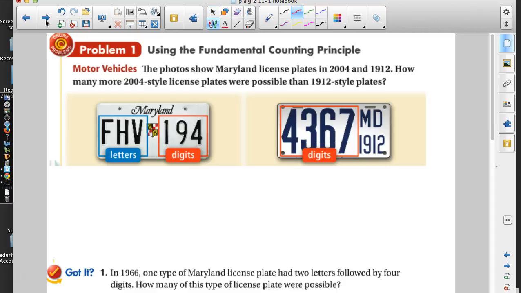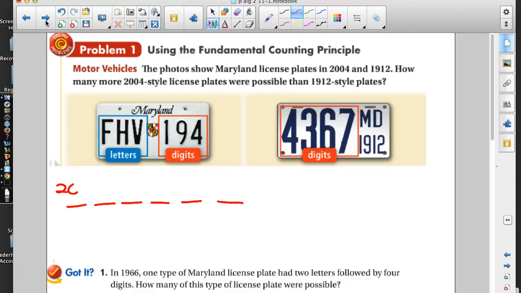So I look at the first plate and I think, how many slots have to be filled with something on this plate? 3 letters and 3 digits. That's how you fill that license plate with the information that you need. And then I think, how many letters are there? A through Z, we have 26.